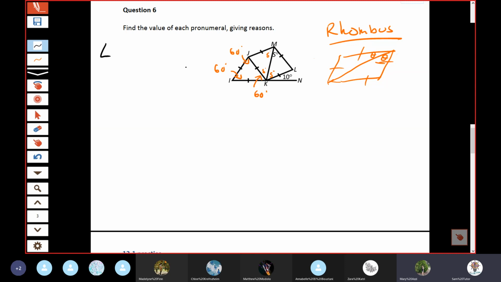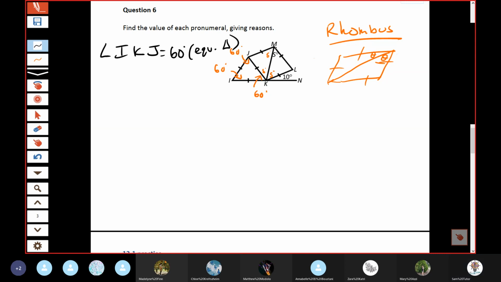Angle IKJ equals 60 degrees. And then reason. Equilateral triangle. That's what you need to write. Good. So we found that that's 60.